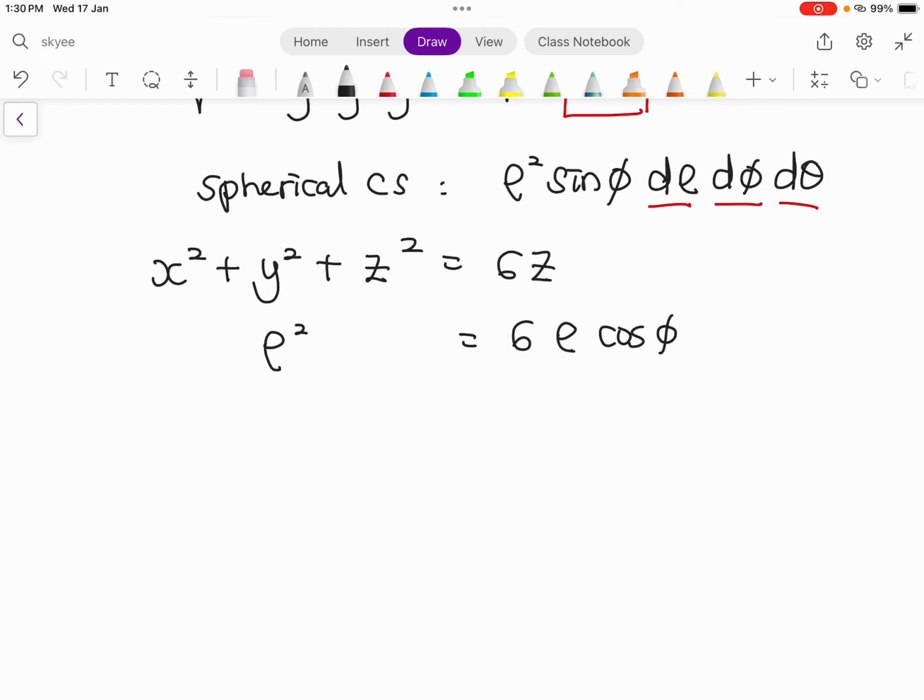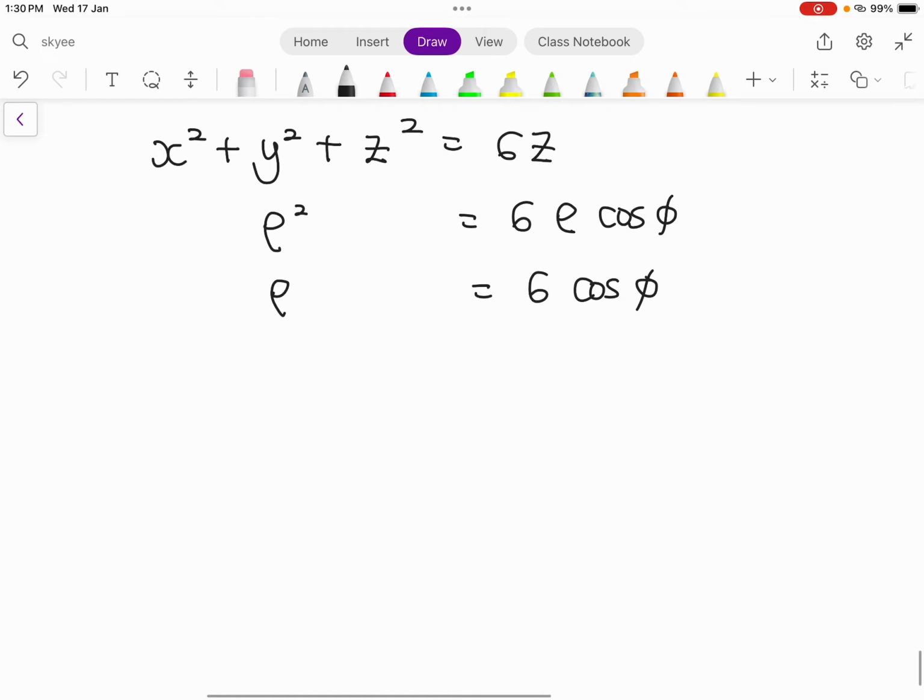So you can write it as rho equals 6 cos phi. The interval of rho will be from 0 until 6 cos phi.